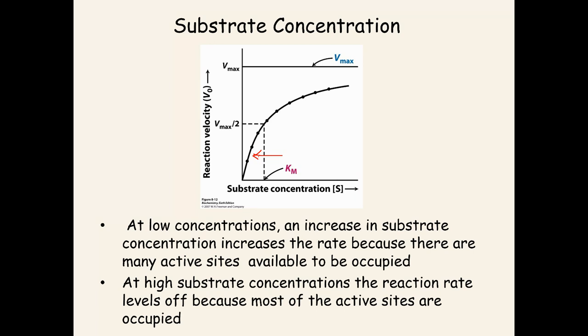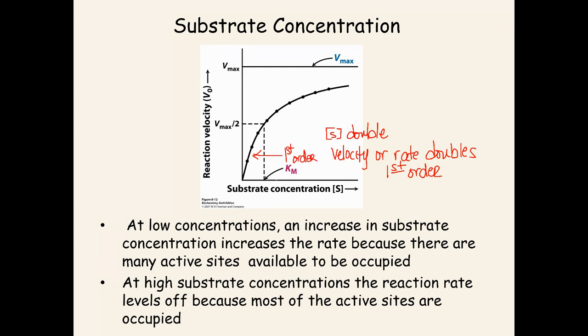At first it's a linear relationship. As the concentration of substrate doubles, the velocity or rate doubles. Now, if you think back to what we were talking about, that suggests this is first order. So this part's first order.